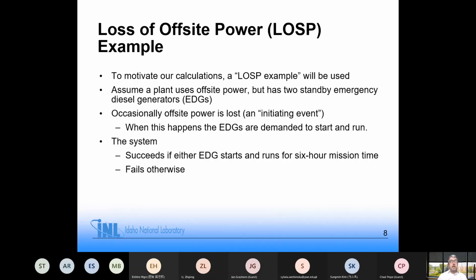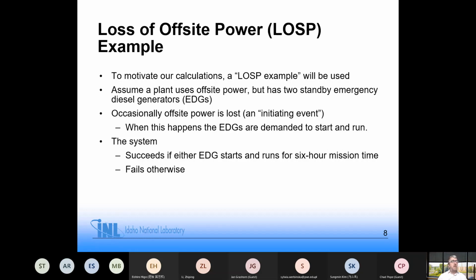It will have: what's the chance that I lose offsite power? What's the chance that the diesel does not start? What's the chance that the diesel does not run? And so I need to define what the failure space and the success space are in this scenario.